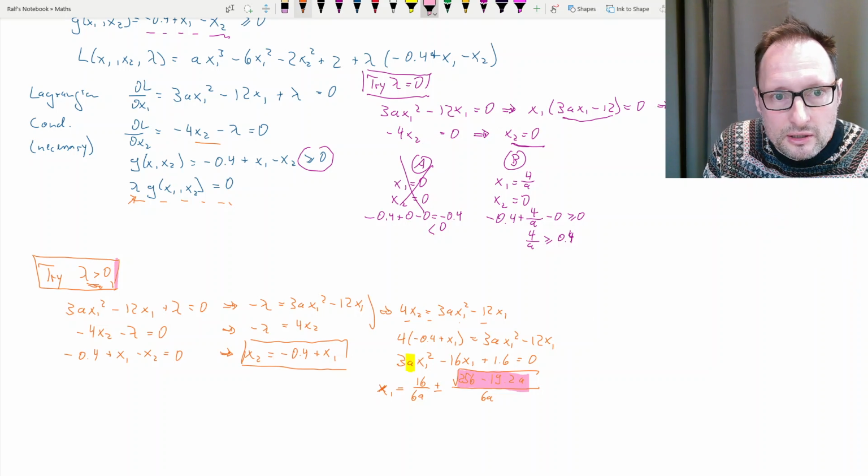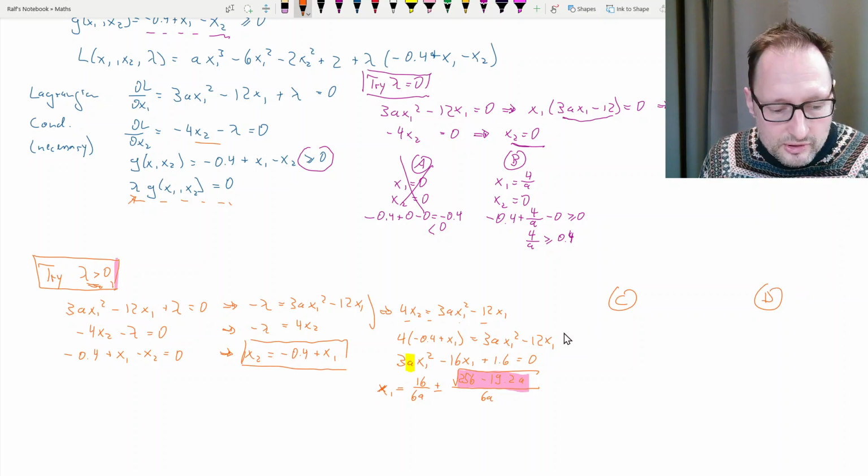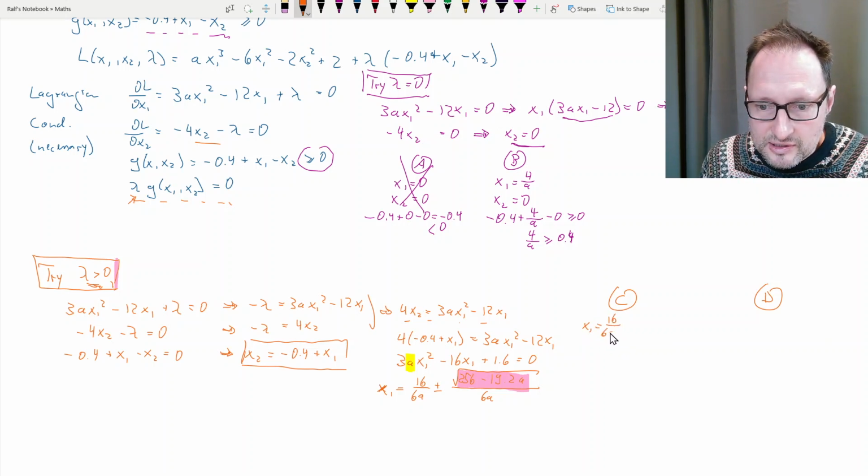So let's just say, what will these two solutions potentially look like? Let's call them point C and point D. So C and D now differentiate by whether we use the plus or minus in here. At point C, let's use the plus, it doesn't really matter. So here x1 will be 16 over 6a plus the square root of 256 minus 19.2a, divided by 6a.